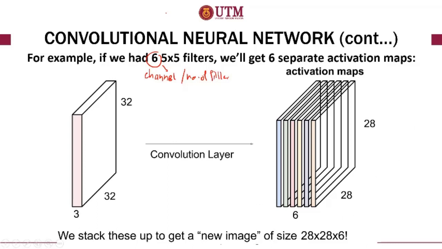If you realize, here they don't mention the depth. Even though the filter is actually 5 times 5 times 3, in general you don't mention the depth. This is normal for those discussing CNN. In general, we don't mention the depth, because by default the depth will follow the depth of your input.